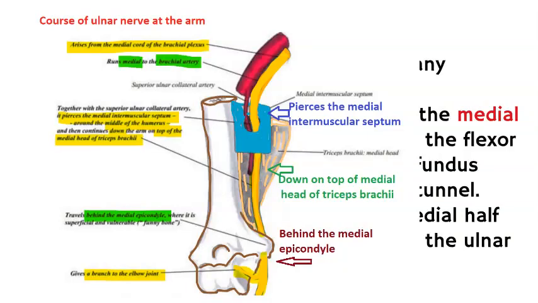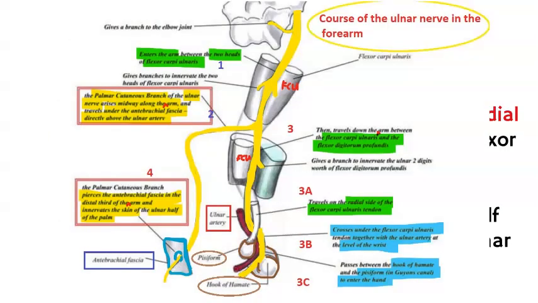The next is regarding the course of the ulnar nerve in the forearm. After it gives a branch at the elbow joint, it enters the forearm in between the two heads of flexor carpi ulnaris. Then it gives a branch.